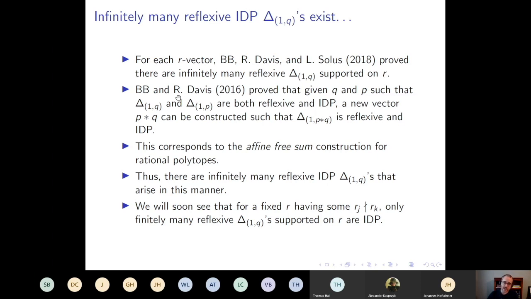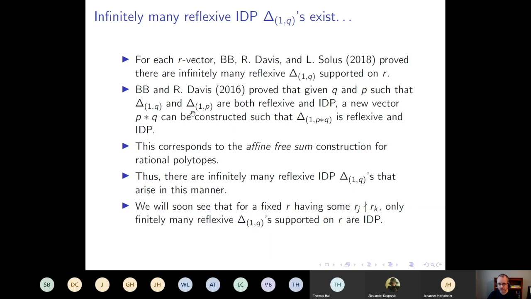And before that, I had proved with Rob that given two weight vectors Q and P, where delta 1Q and delta 1P are both reflexive and IDP, you can create a new vector, P star Q, where delta 1 P star Q is reflexive and IDP.